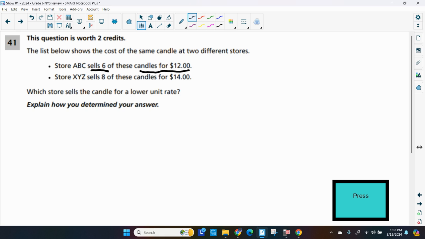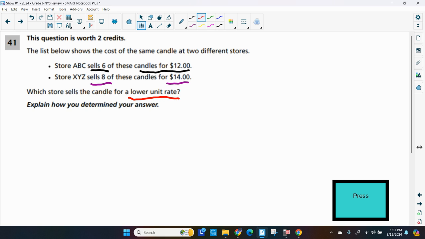Store XYZ sells 8 of these, I assume they're the same candles, for $14. Which store sells the candle for a lower unit rate?